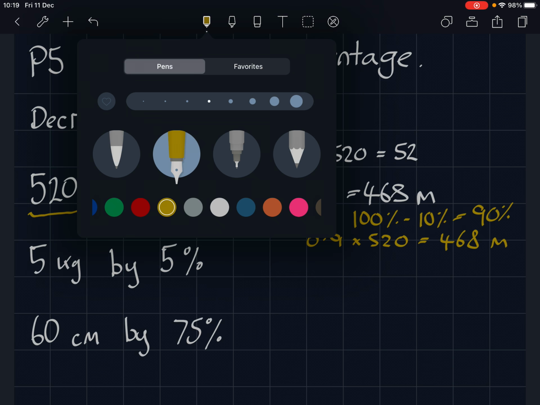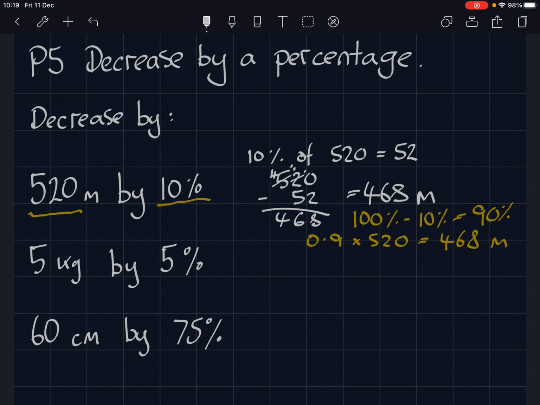Let's have a look at decreasing 5 kilograms by 5%. So 10% of 5 is 0.5. So 5% of 5 would be half of 0.5.